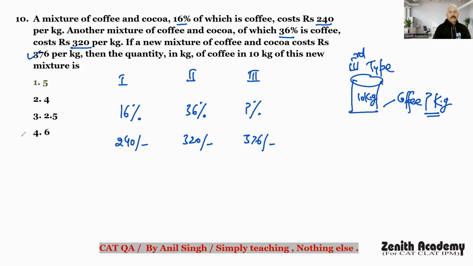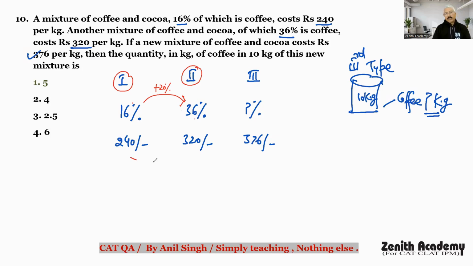So look here. In mixture number 1, the coffee percentage is 16%. In mixture 2, coffee percentage is 36%. Means in the second mixture, coffee percentage is increased by plus 20.